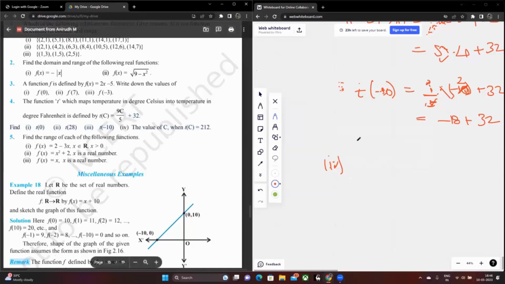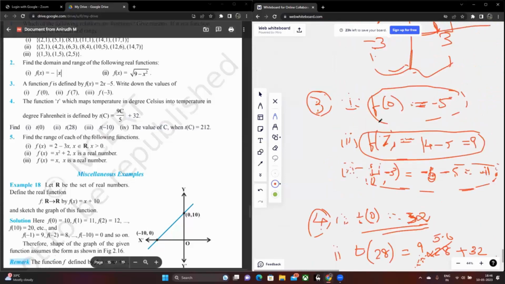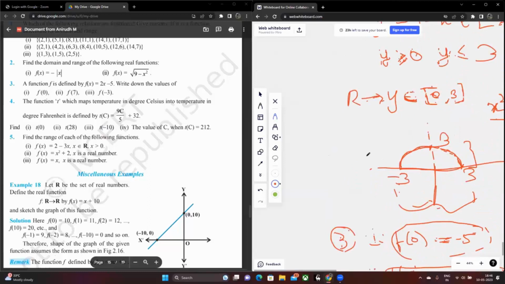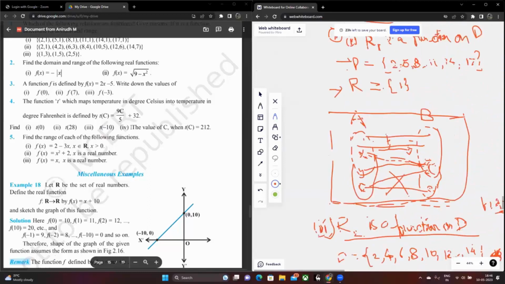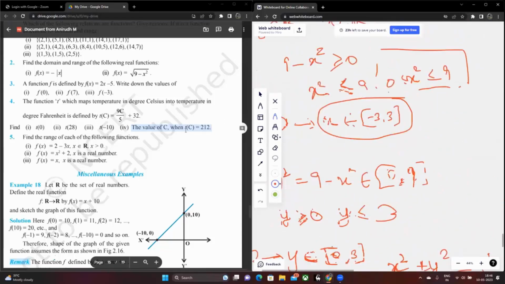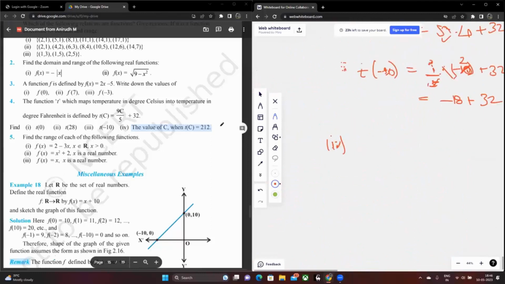You don't have a greater than relation. If this greater than relation exists, then this value need not exist uniquely. There may be 2 or 3 values of C for T of C equals 212, and then you need some more information to pinpoint what value of C they're asking.